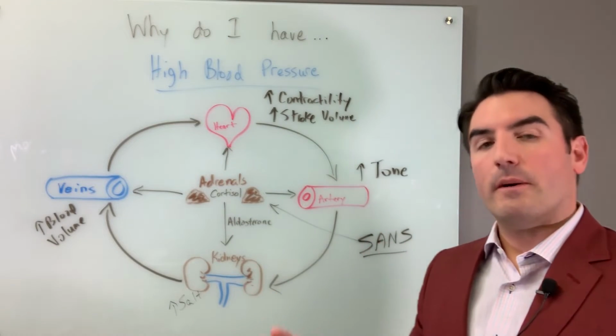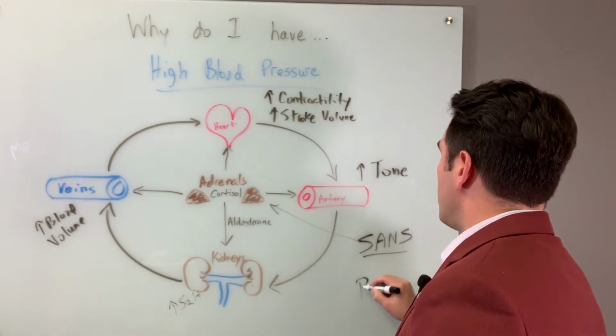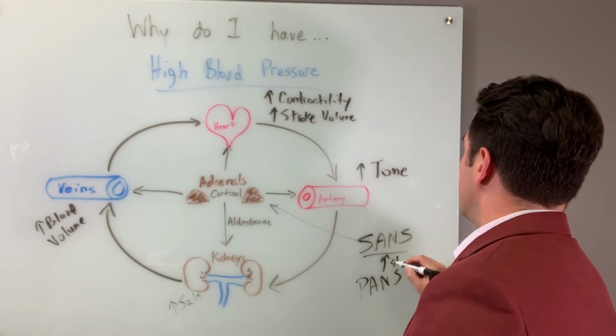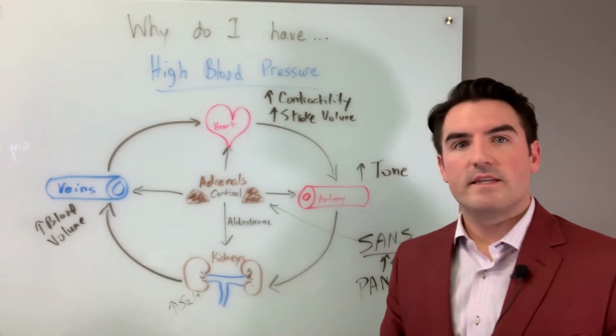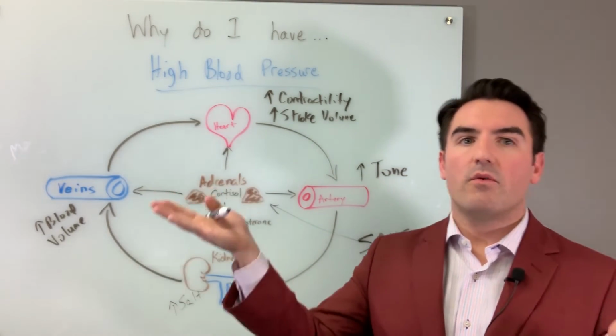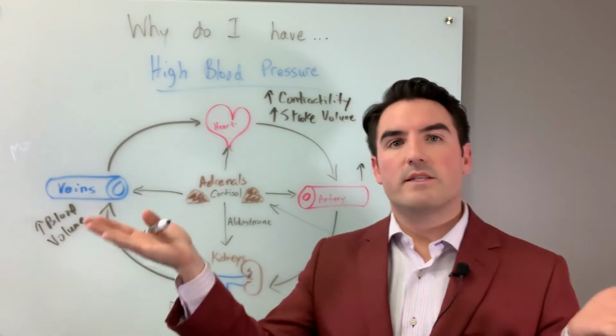Conversely, PANS, or parasympathetic autonomic nervous system, is designed to turn off the sympathetic nervous system. So the idea here is that the sympathetic nervous system and the parasympathetic nervous system, they are always in balance. Only one can be turned on at a time. They need to be in balance at all times.